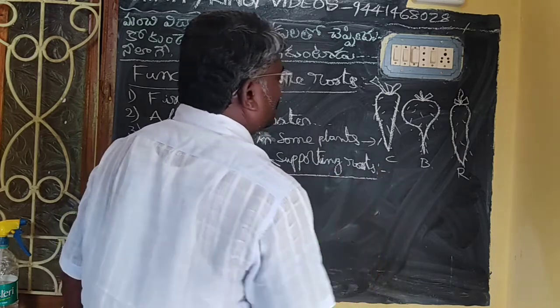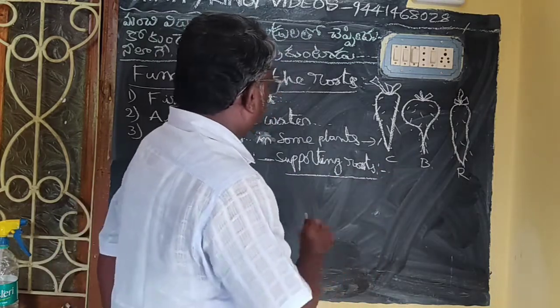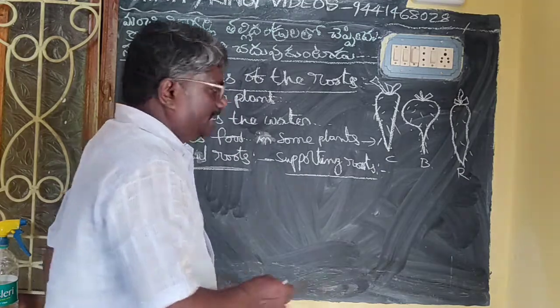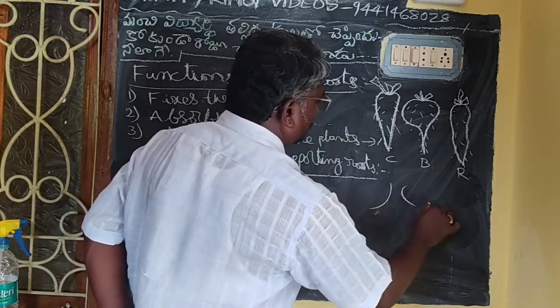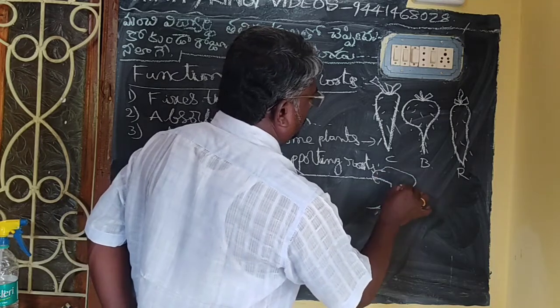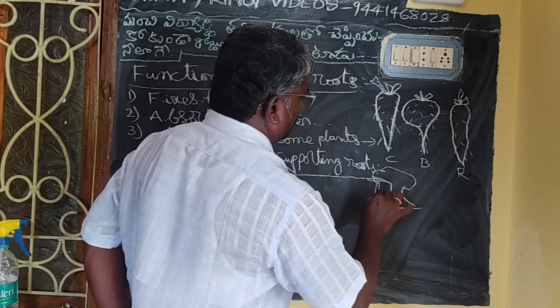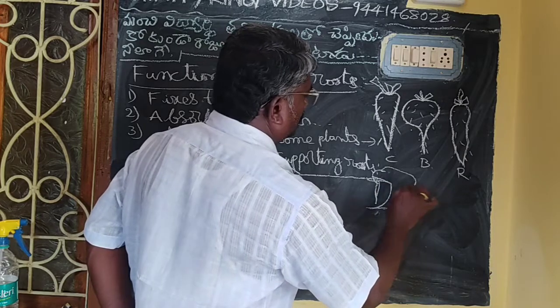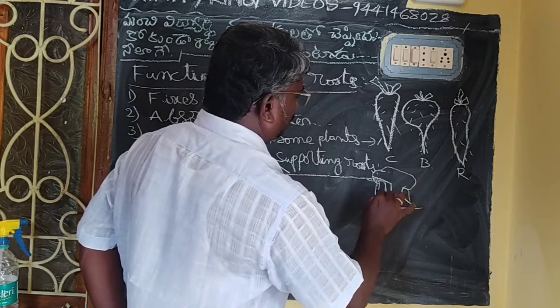We may see this type of roots in banyan tree, these are the supporting roots.